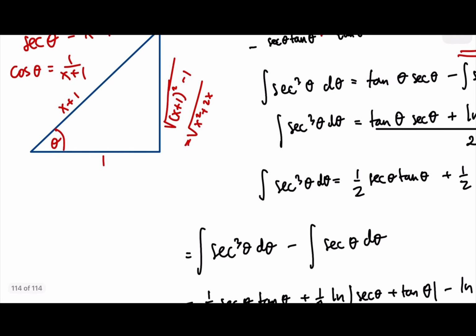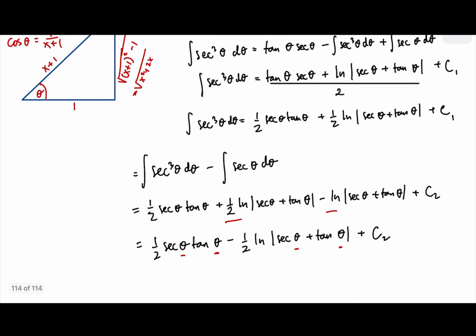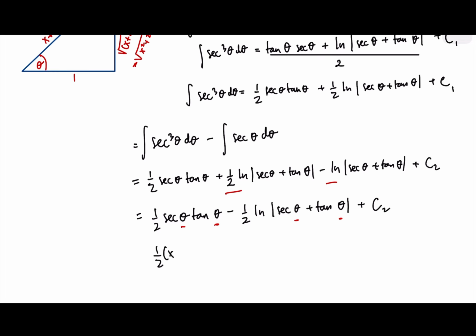Now we have a secant, which means this is just x plus 1. Tangent means this is square root of x squared plus 2x, and then minus half ln x plus 1 plus square root of x squared plus 2x.